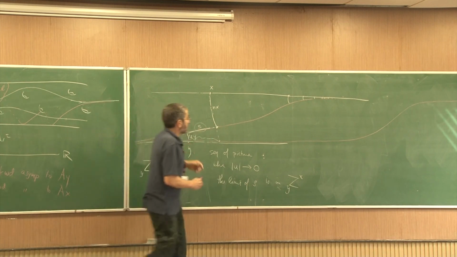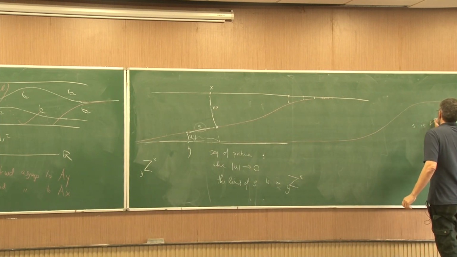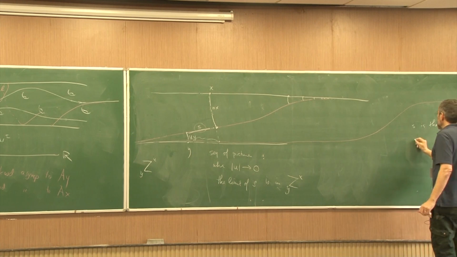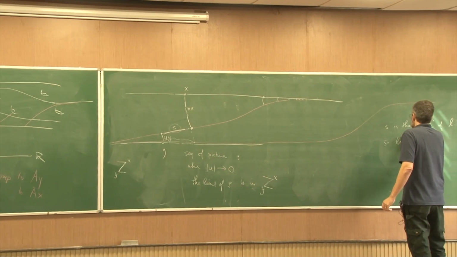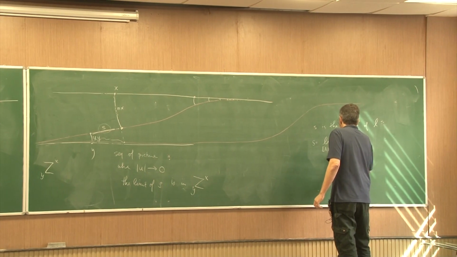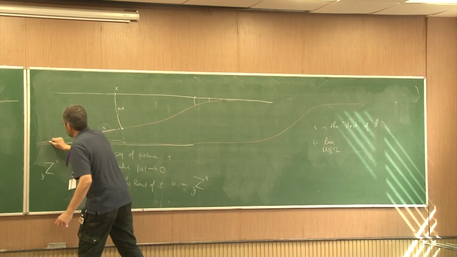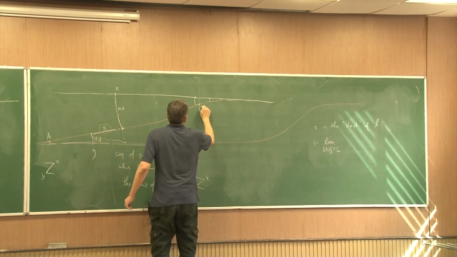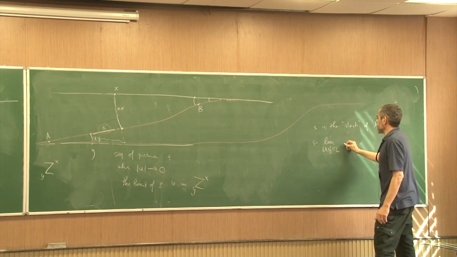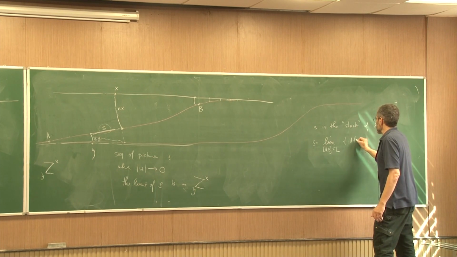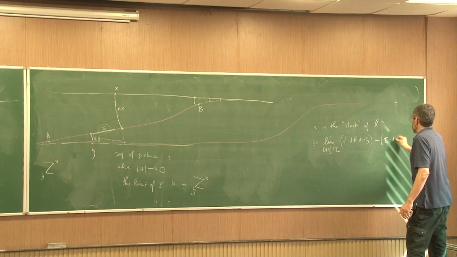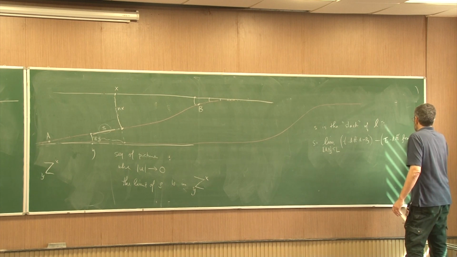I'm going to say S is the slack of L, which is to say it is the limit, taking subsets of L with A super far in the back and B super far in the future, of the difference between the time difference from A to B and the tau difference from A to B.